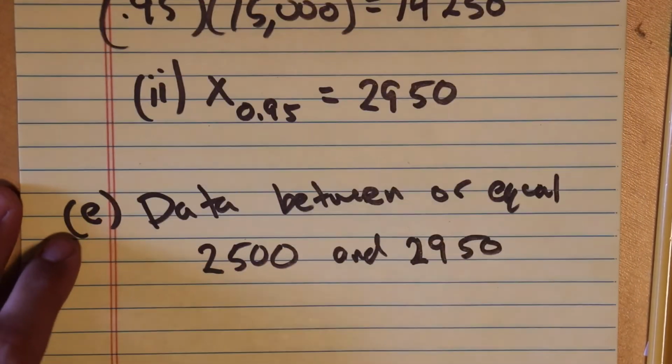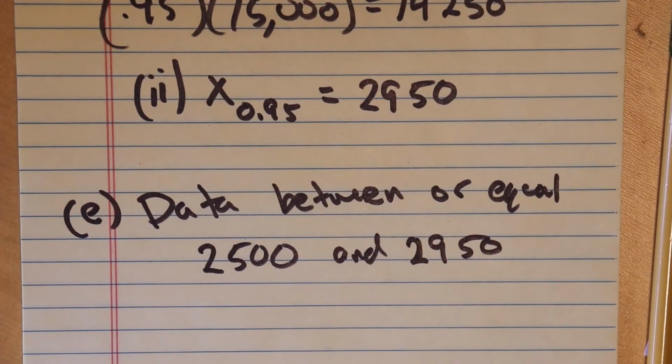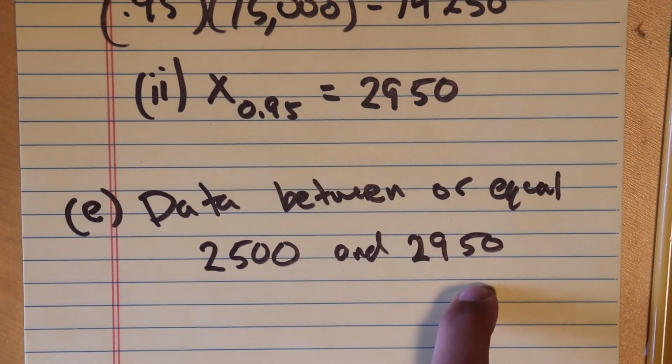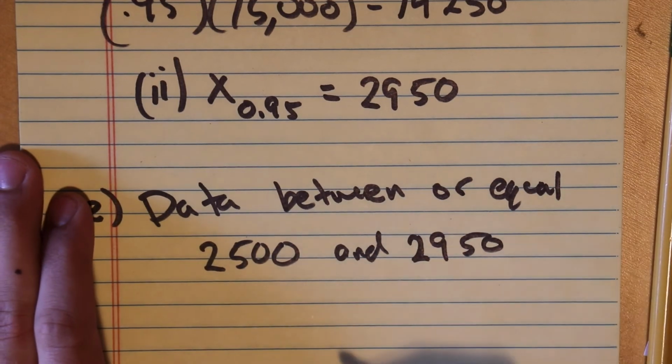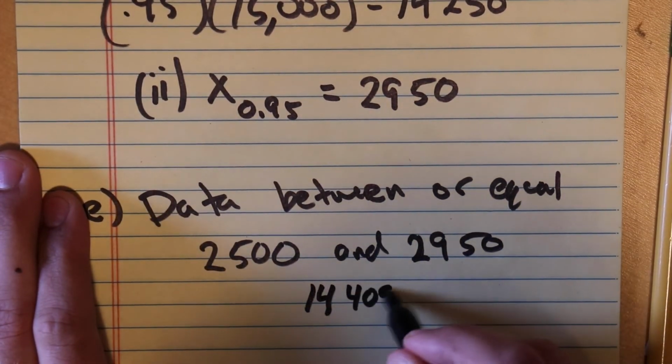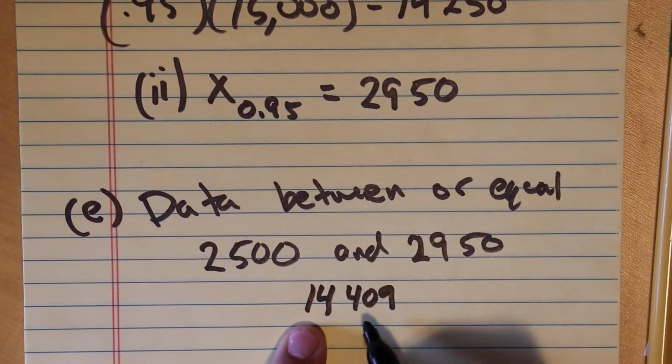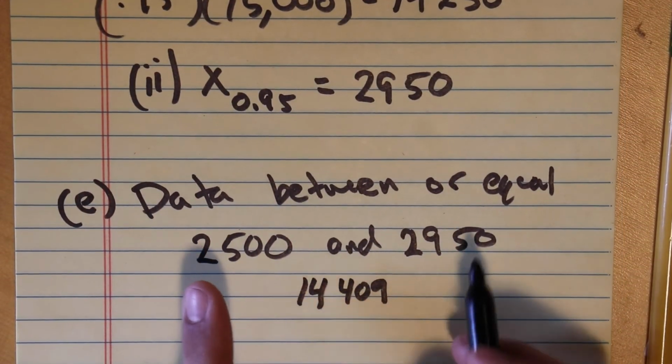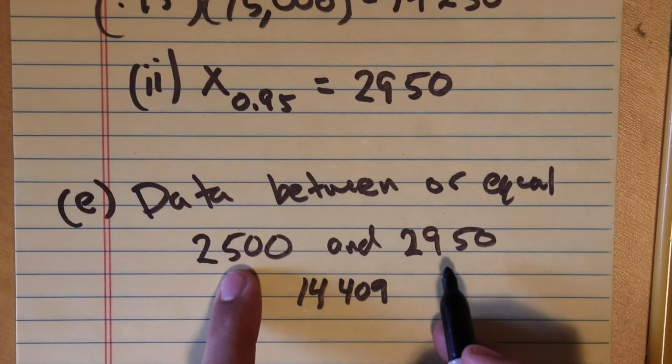2950. So the number of medians between 2500, which is our 5th percentile, and our 95th percentile, the amount of data between that looks to be 14,409. So there were 14,409 medians between these two positions.